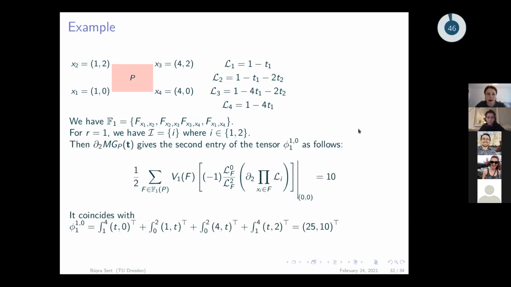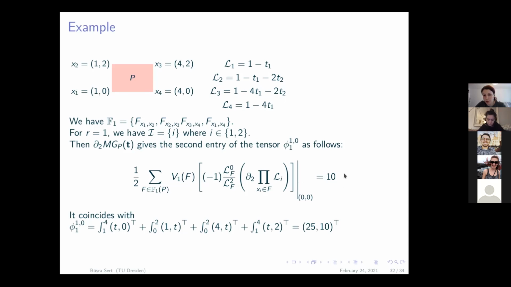And we do the same where I equals 2. So we take the partial derivative with respect to T2. And again, we take the product of the linear forms, but this time we differentiate with respect to T2. So for example, for the facet that is the convex hull of x1, x4, this derivative will be 0 because the linear forms L4 and L1 don't have T2 inside.